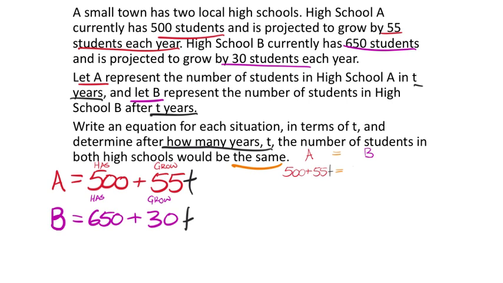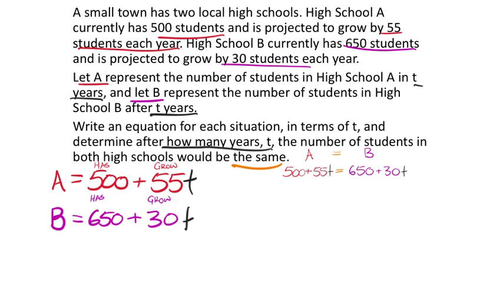It says there's 650 students, but we're going to add 30 students every year for t number of years. So the good news for us, the way this sets up, is that it's the same t on both. This is going to be the same number of years, how long it will take for the two schools to equal the number of students.